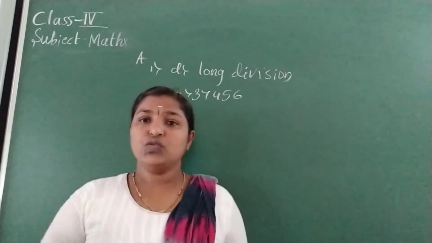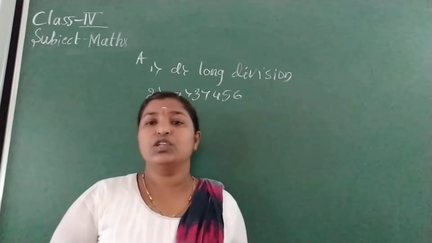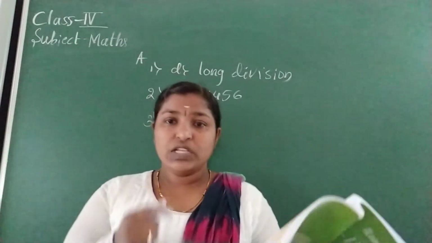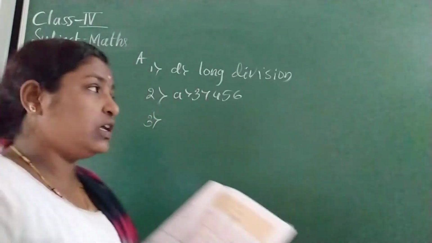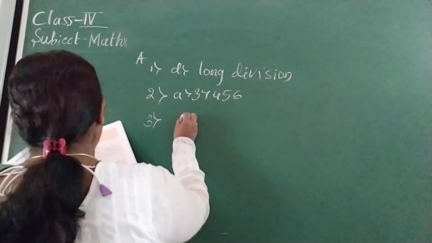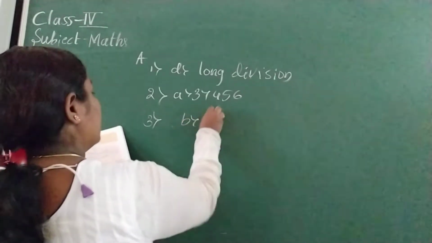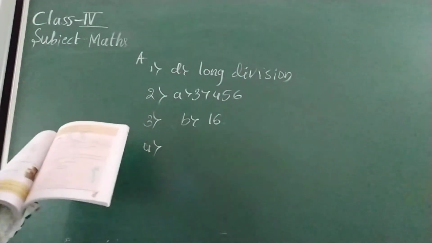Who is going to divide the dividend, or who is going to do the division process? That is known as the divisor. So which number is the divisor in this? 16 is the divisor. Third one, B, 16.